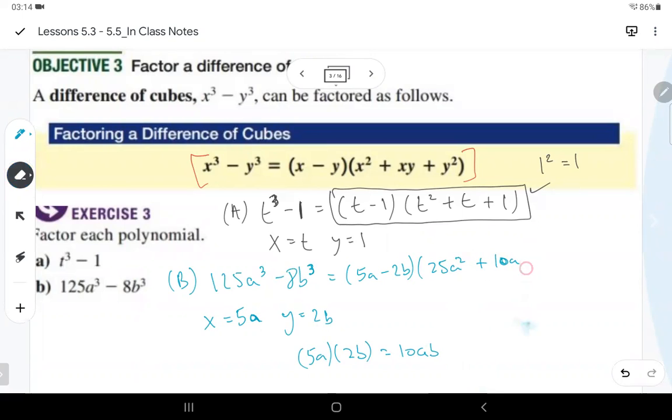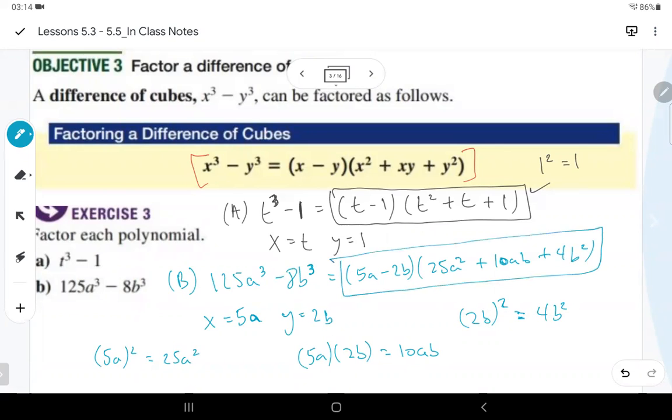And then plus y squared. Y squared is going to be 2b squared. So 2 squared is 4, and then b squared, so 4b squared. I can show you that again with the 5a as well. So here is your factored solution. Okay.